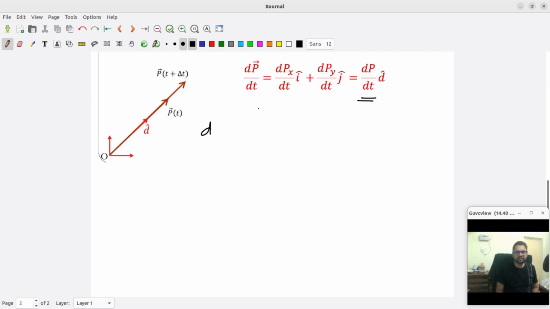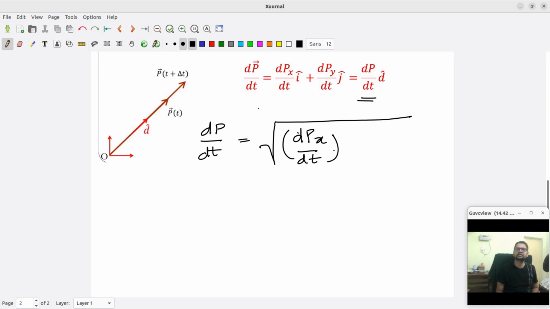dP by dt is nothing but the square root of (dPx by dt) square plus (dPy by dt) square.